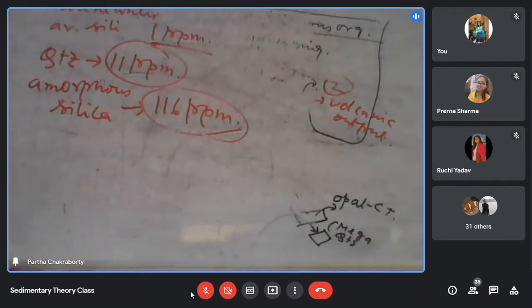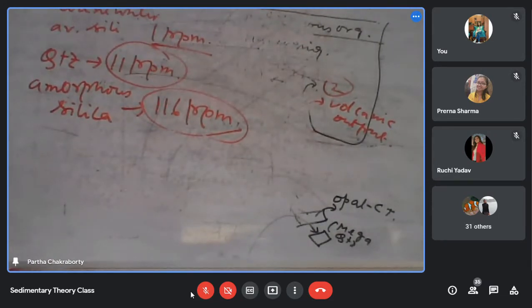Why? Because these organisms basically protect their shell by a metallic sheath. That metallic sheath protects their test from the wrath of undersaturated marine water.